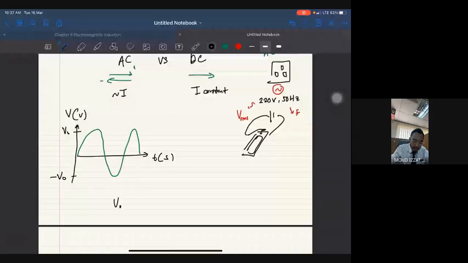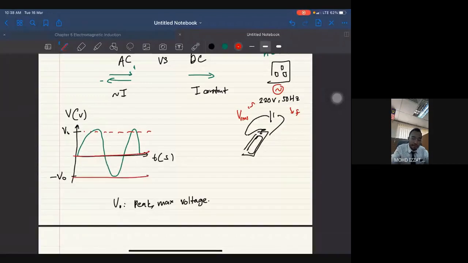This is the peak voltage, the maximum. In this case it is the voltage. If I want to find my average for this graph, where do you think my average sits? Here, here, or over here? A, B, C. Average.